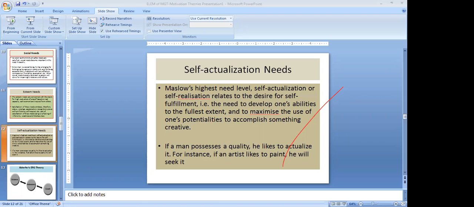So the implication for management is that the quality of work environment in organizations should give ample scope for fulfilling these needs.